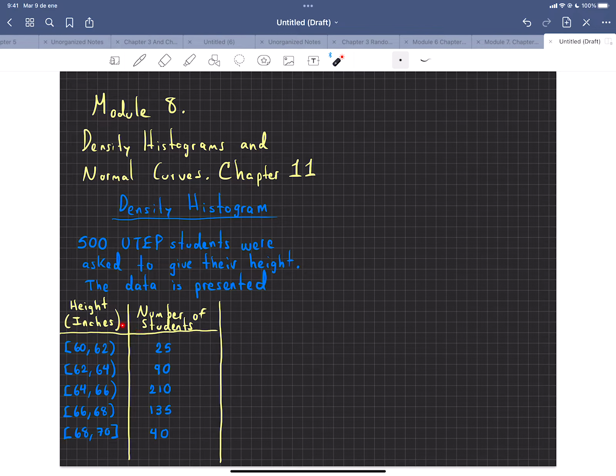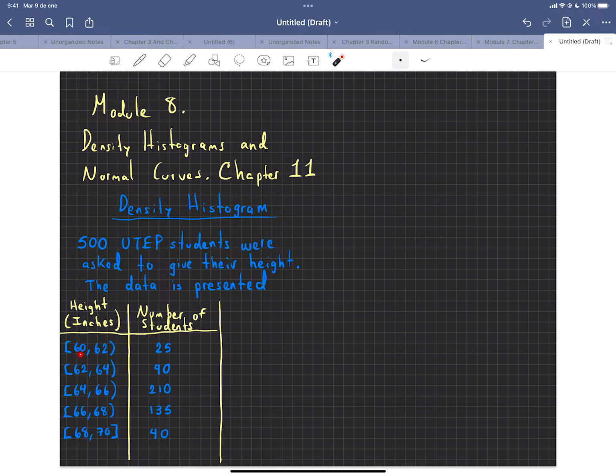So what do we have here? Here we have values between 60 and 62 inches. But remember, this is not exactly a closed or an open interval. The bracket means that we do include the number, and the parenthesis means we do not include the number. So here we are saying all the real numbers between 60 and 62, but we do include the 60 and we don't include the 62.